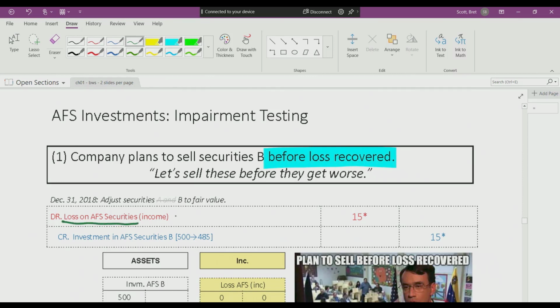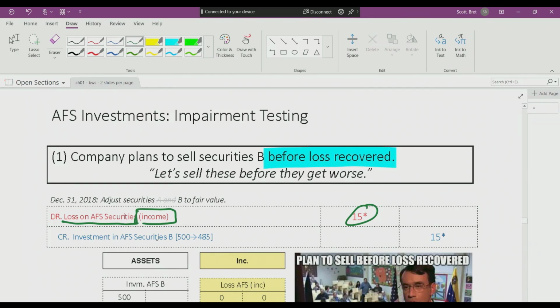Record a loss to income directly, because you may still hold this thing, but you plan to sell it. And right now it's a dog with fleas. You better report that $15,000 reduction in value as essentially an impairment, a real loss that affects your net income.